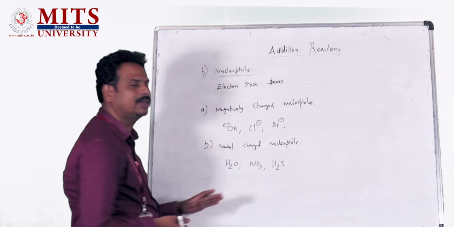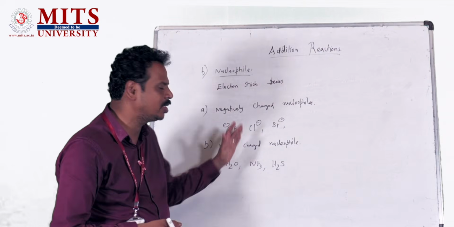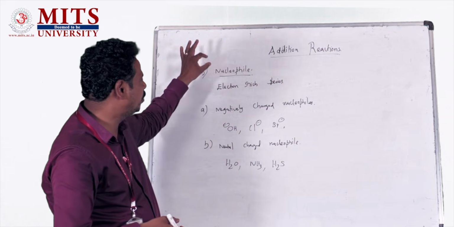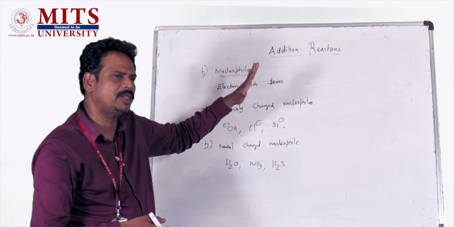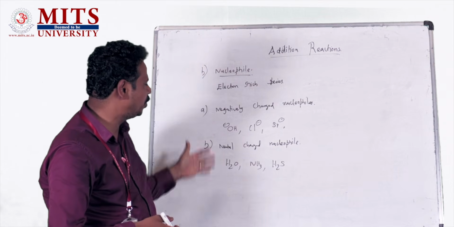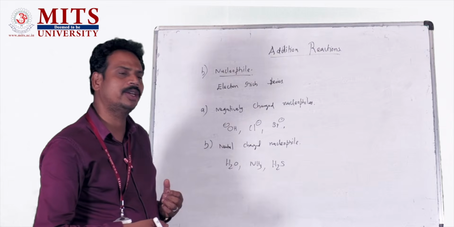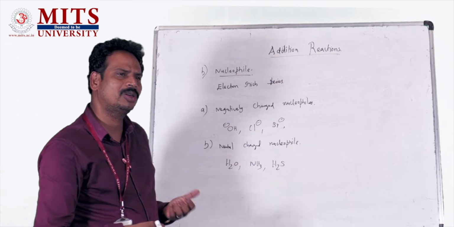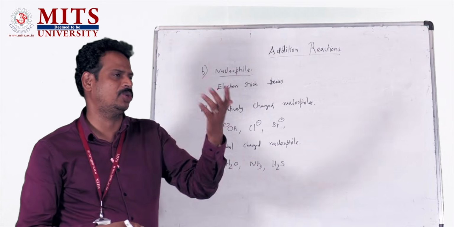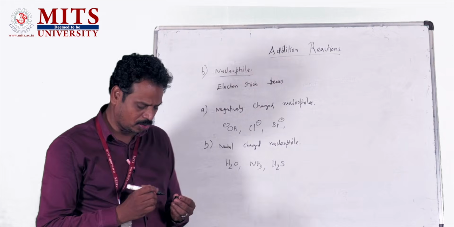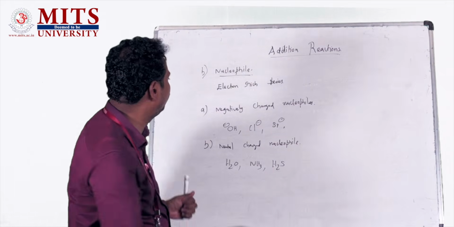These are all examples of neutral charged nucleophiles. So a nucleophile is simply an electron-rich species, with examples like OH minus, Cl minus, Br minus, and neutral ones such as the water molecule, ammonia, and H2S.